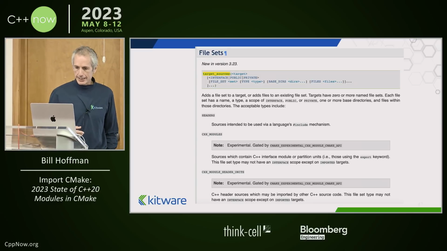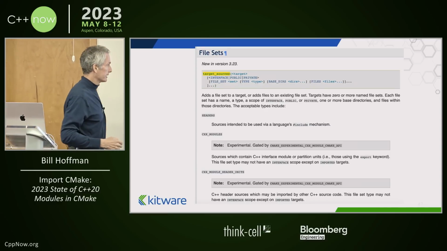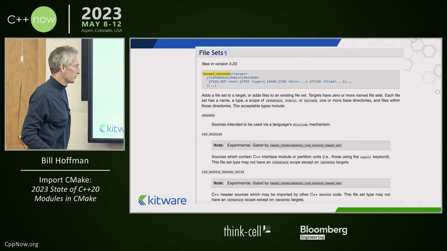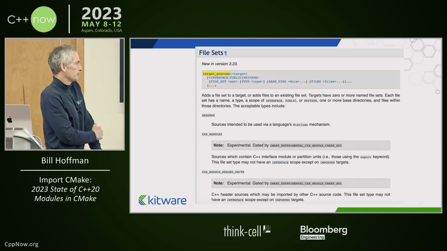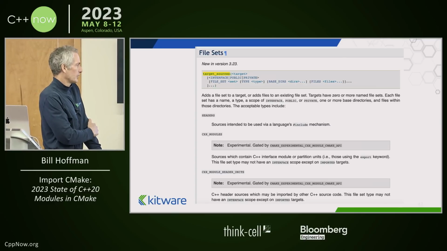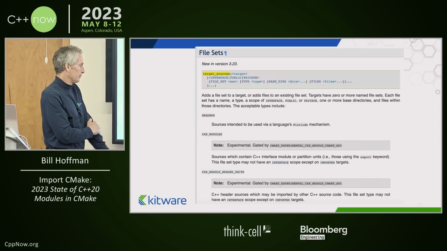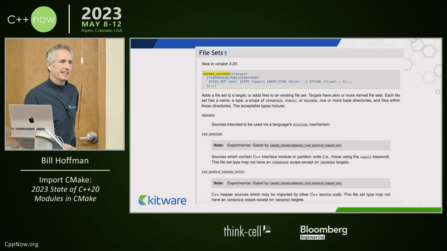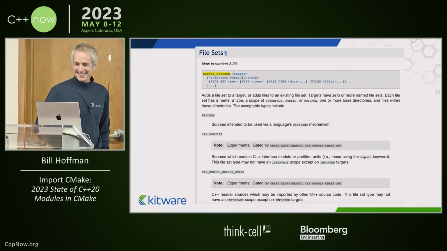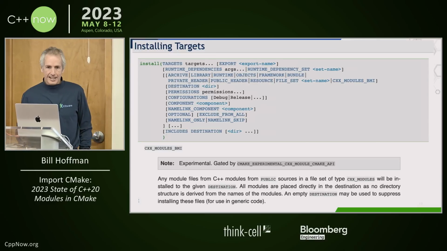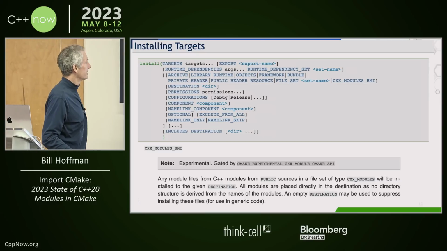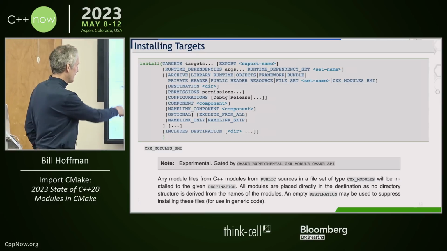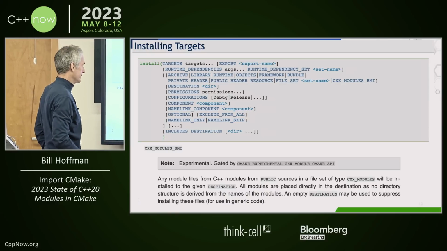So again, we talked about file sets. There are CXX_MODULES, sources which contain C++ interface module or partition units, essentially, i.e. those using the export keyword. And this file set may not have an interface scope except for imported targets. We also have module header units, which doesn't really do much right now, but the install command also has some new stuff on the CXX modules BMI.